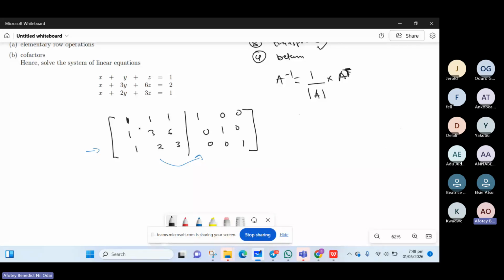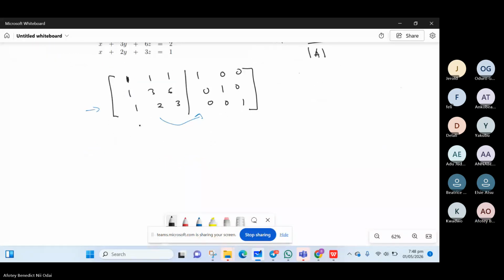So let's start. To start with something like this, you always have to eliminate the entries below the first 1. So let's try and eliminate the 2 of them by using the 1 value.